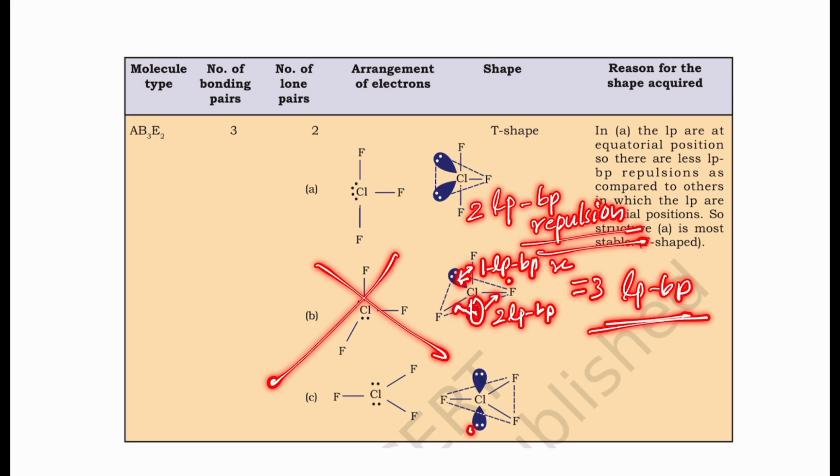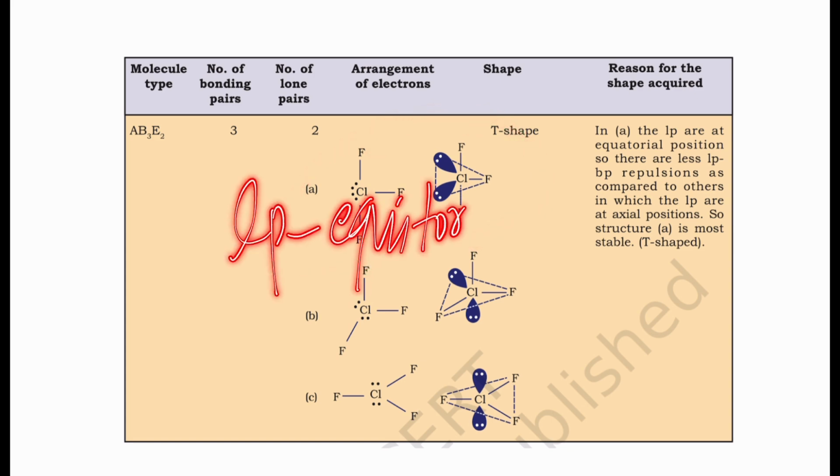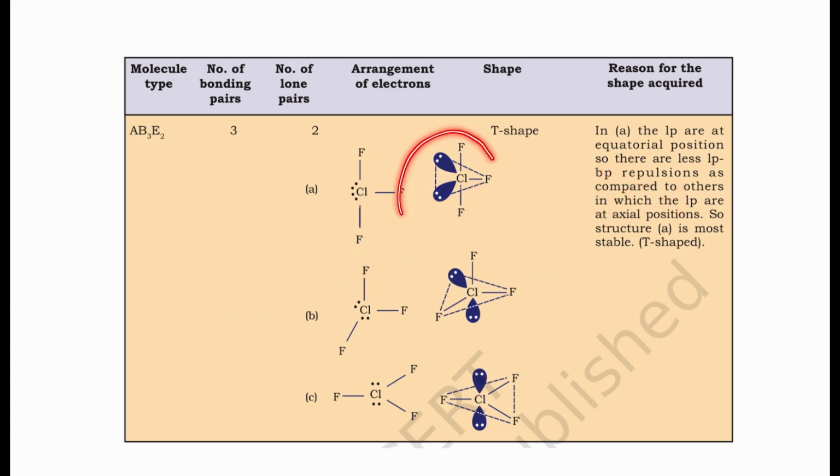And if you go to this one, it will be 1, 2, 3, and then 4, 5, 6. A lot of repulsion here, so this is the most unstable. So the most stable is the first one, where both lone pairs are at the equatorial position, and that is the best one. This is the correct arrangement of lone pairs and bond pairs around the chlorine. That is it. Thank you.